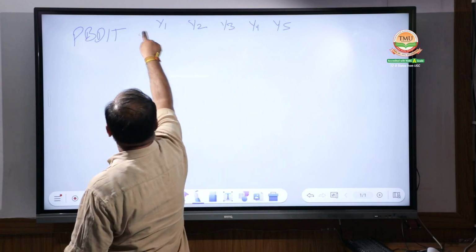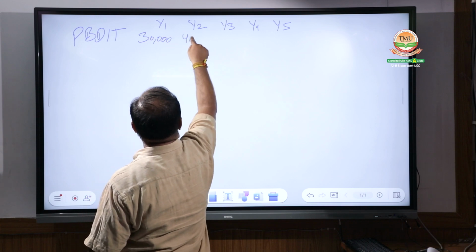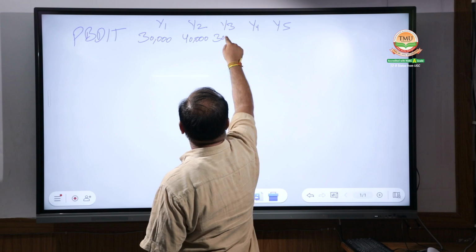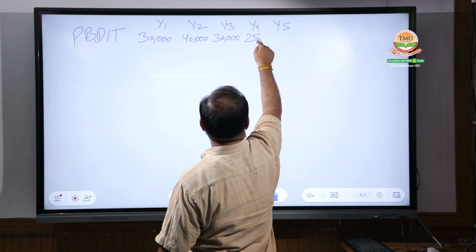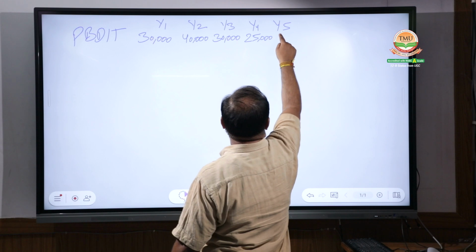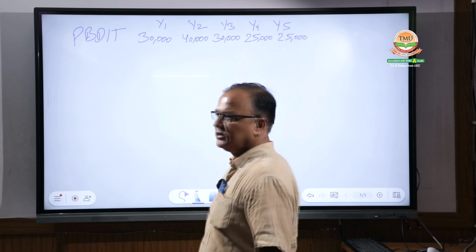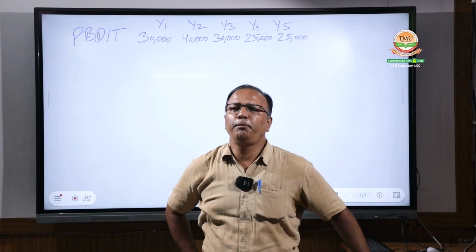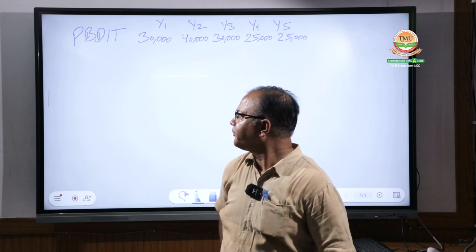So the amount of PBDIT was 30, 40, 30, 25, and 25. This is the expectation of PBDIT, profit before depreciation, interest, and tax.